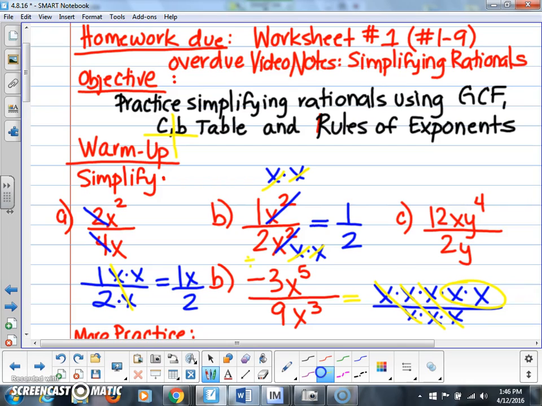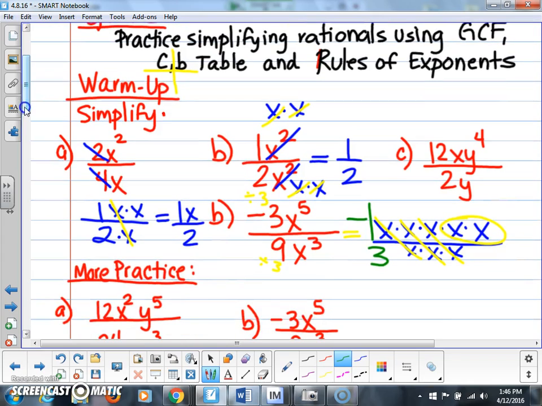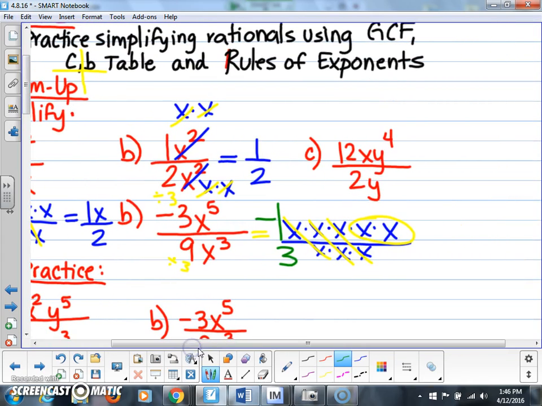You're going to divide by a negative 3 to the top and the bottom. 3 divided by negative 3 is negative 1, and 9 divided by 3 is 3. So your final answer should be negative 1 x squared over 3. Okay, I think I was looking at your wrong answer.